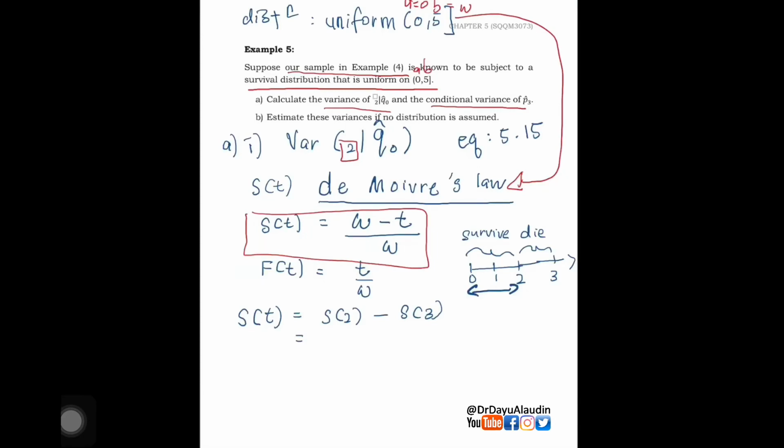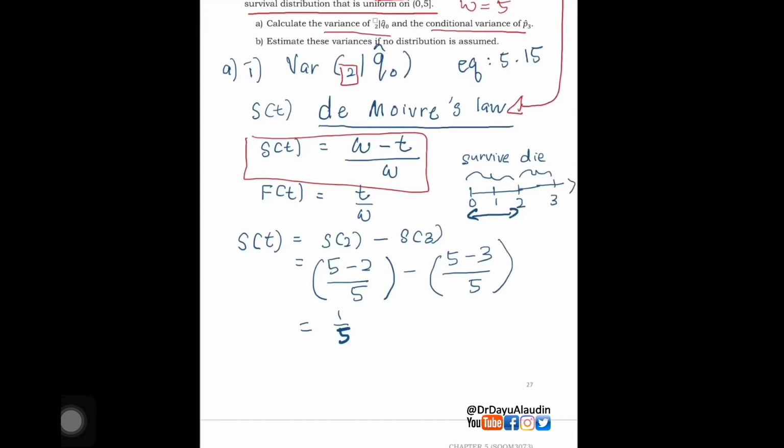Omega is equal to 5. You substitute: S2 becomes 5 minus 2 over 5, and S3 becomes 5 minus 3 over 5. So you will get 1 over 5.